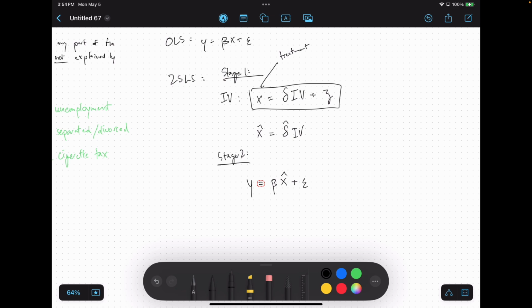And I'll just comment that even if you have a valid instrument, which is born out of us making this model and justifying it, oftentimes if your instrument and your treatment are weakly correlated, you can introduce a lot of noise into the model. Okay.